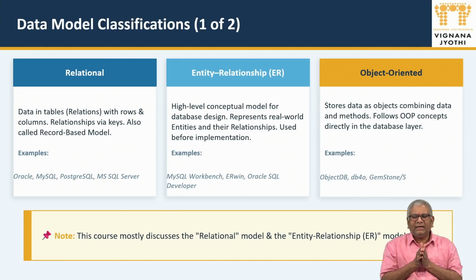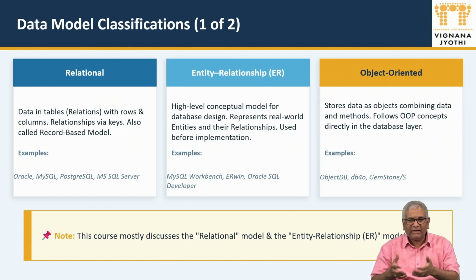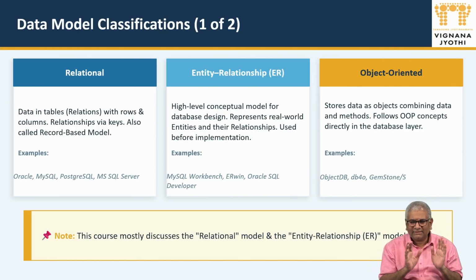Then the ER model, entity relationship model. This, to be honest, is not for storing data. For a relational model, we have databases like Oracle, MySQL, Postgres. But this is more for designing, conceptualizing the data model. This is not to store or do anything, but to conceptualize the data model.